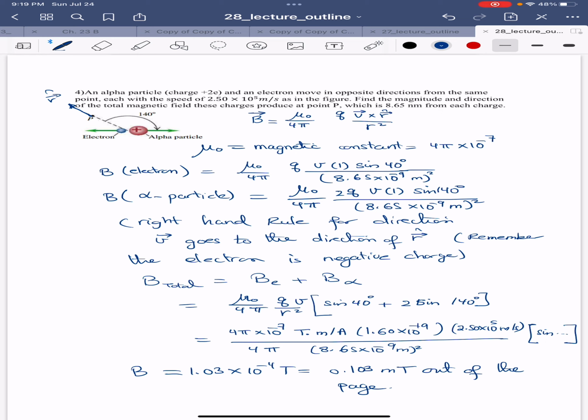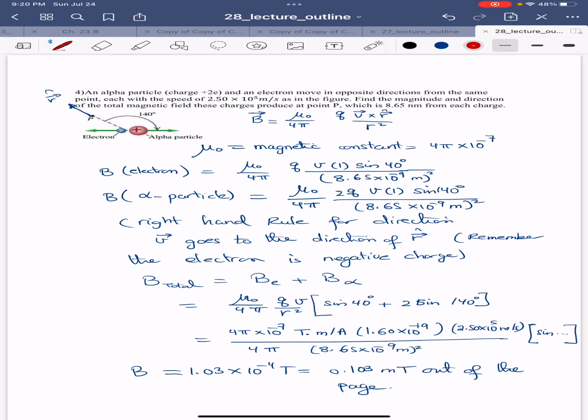You might have 3 particles or 4 particles. Then you calculate the magnetic field for each with its direction and find the resultant. For a charge, B equals mu 0 over 4 pi q v times unit vector r divided by r squared.